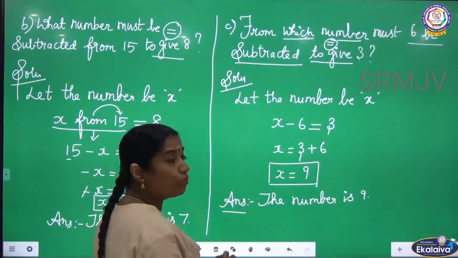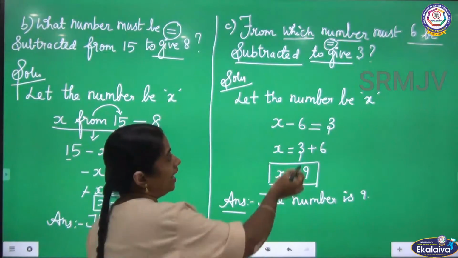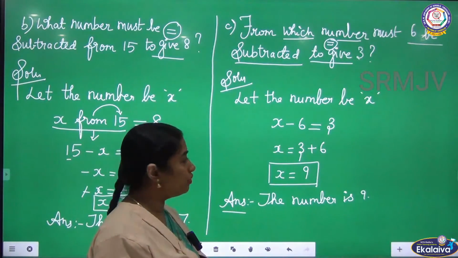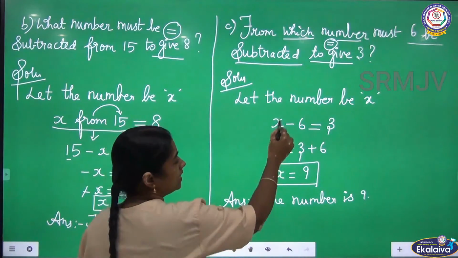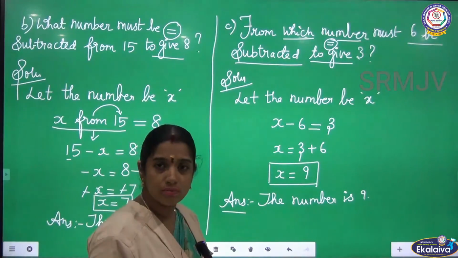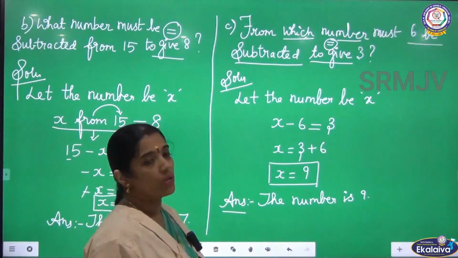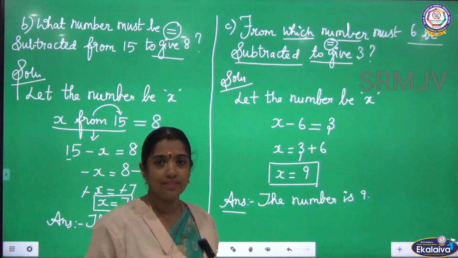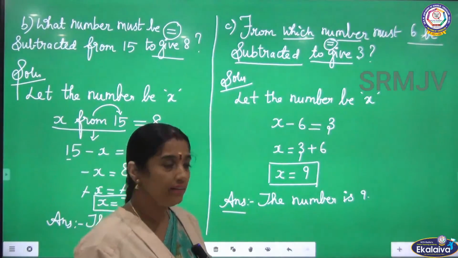To give is what? Equal. And 3 is there. So x minus 6 is equal to 3, so x is equal to 3 plus 6. When it goes to that side, it becomes plus 6. So x is equal to 9. Can you clear this, children? Any doubt in this? Shall I move on to the next one?